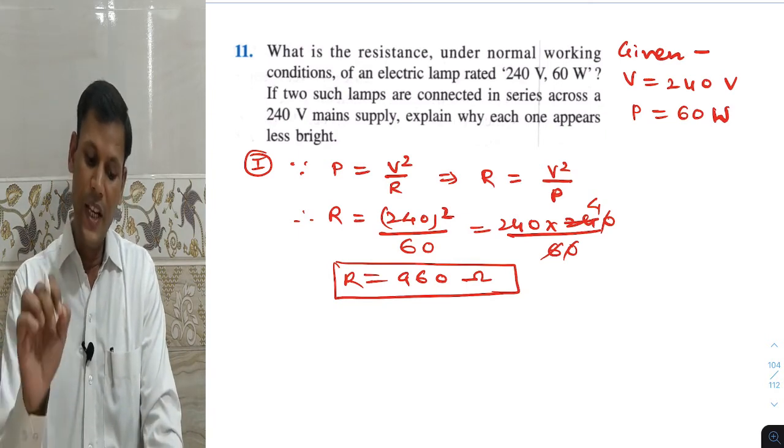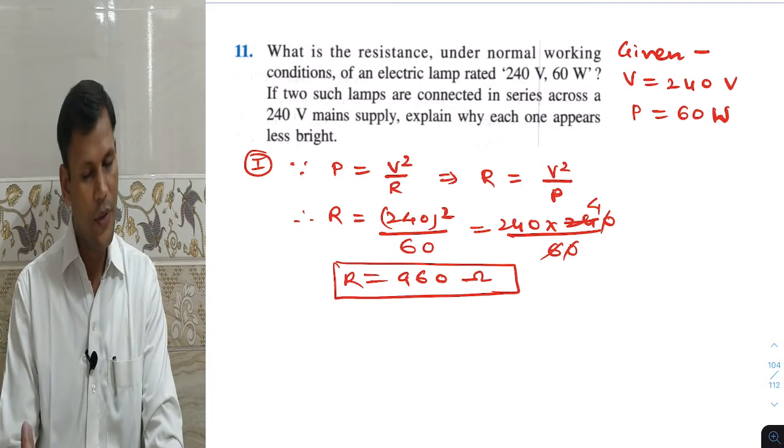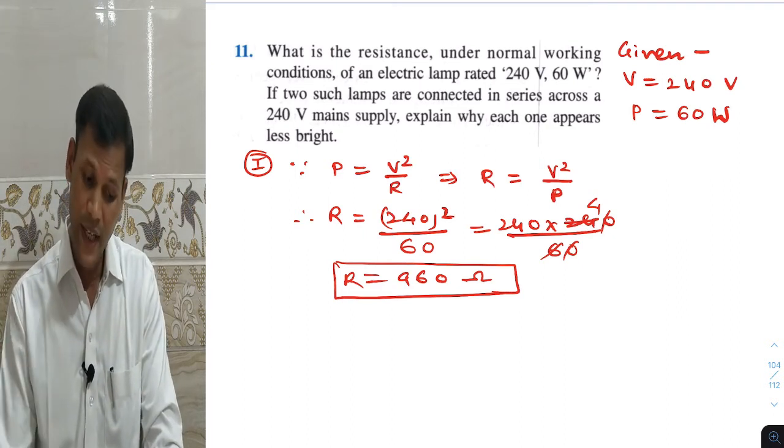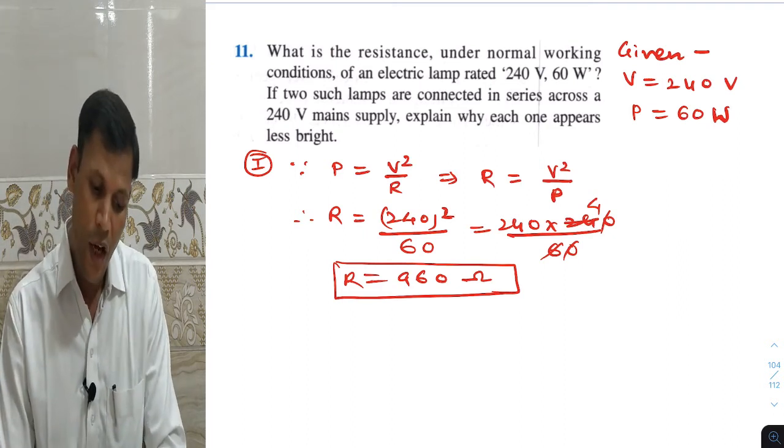P is V square by R. So R becomes V square upon P. So we get the resistance.